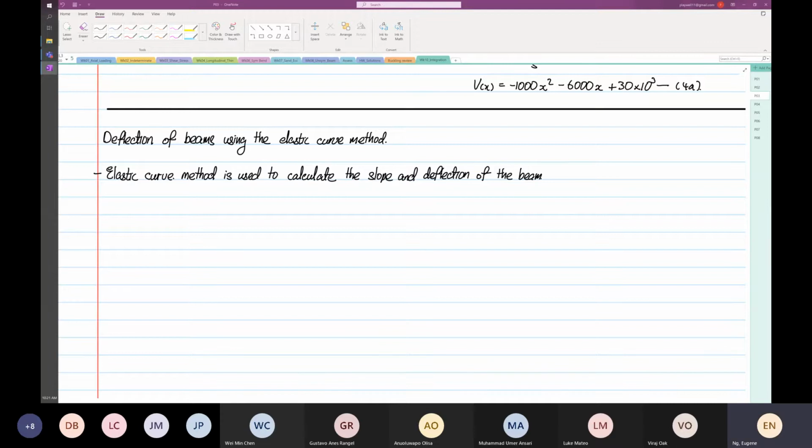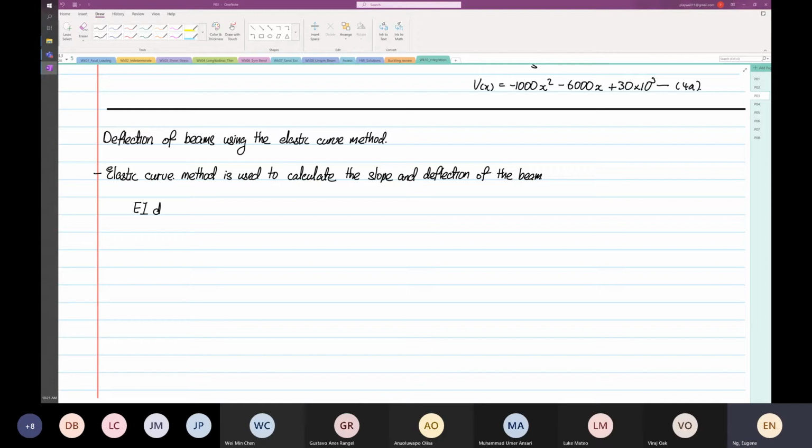That's what we call the elastic curve. So the elastic curve technique has one equation. I'm not going to derive this equation. I want you to apply this equation. Deriving this equation will take me half an hour, and I find it pointless.